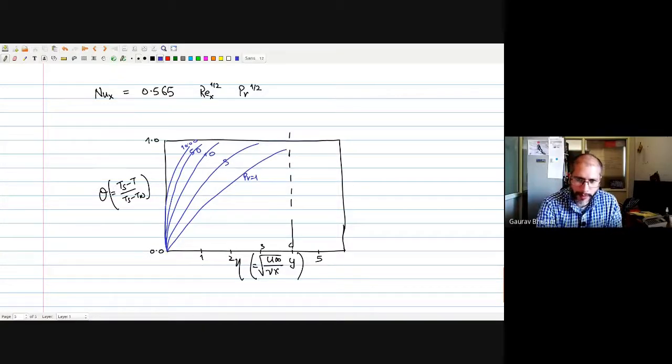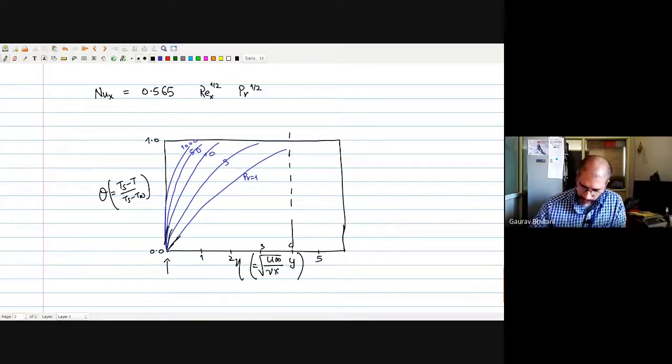What we are seeing is that the lines get steeper and steeper, and that makes sense. Well, I have not drawn it very nicely, but remember theta prime is nothing but the slope of this line at eta equal to 0. So the slope gets steeper and steeper as you increase the Prandtl number.